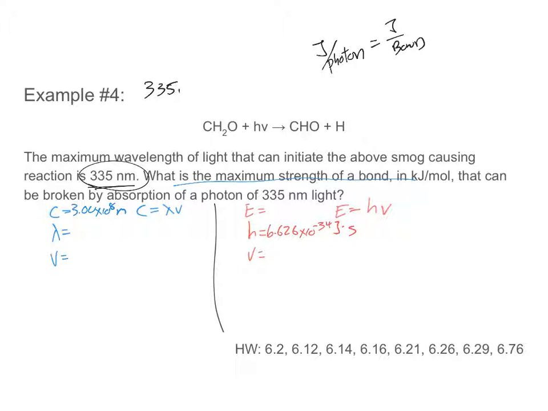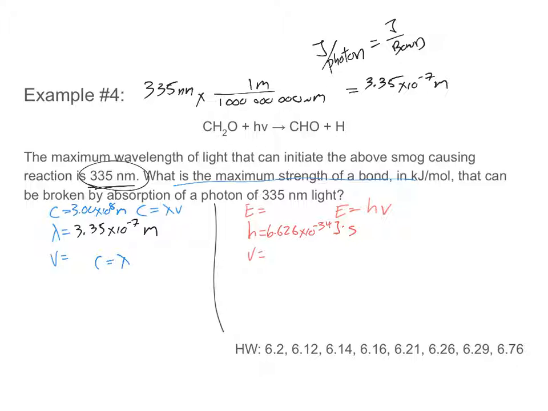So 335 nanometers to meters, a billion nanometers in 1 meter gives me 3.35 times 10 to the minus 7 meters. So I'm going to plug that in here, 3.35 times 10 to the minus 7 meters. In this case, I could combine things in terms of formula, but I think it's easier if I break this one apart into 2 steps.